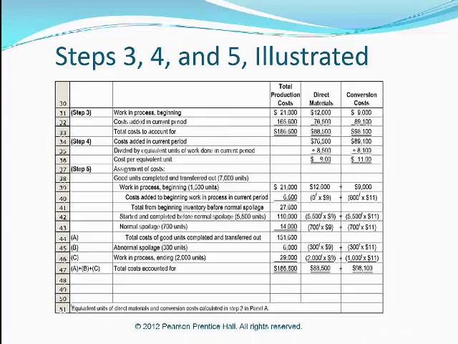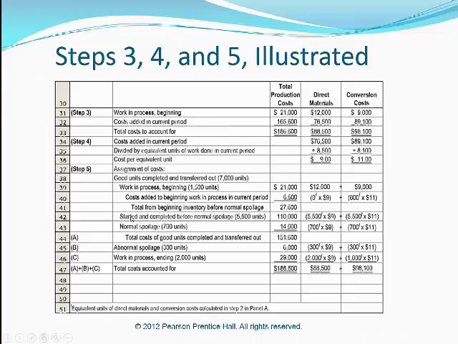Therefore, 6,600 plus 0 equals 6,600, which is our cost added to beginning work in process in current period. Adding those two numbers together gives us 27,600 to the beginning inventory units before we do anything about normal spoilage.